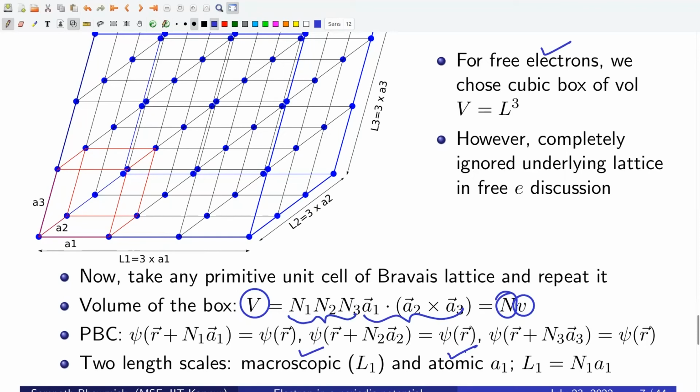The macroscopic length scale is given by the length of the side of the big box L1, and the atomic length scale is given by the lattice translation vector a1. So that is where the Bloch electrons differ from free electrons, because in case of free electrons, we only consider the macroscopic length scale and completely ignored the atomic length scale.